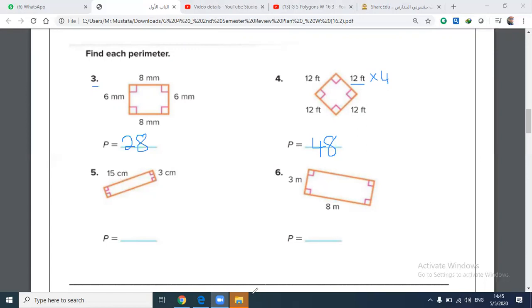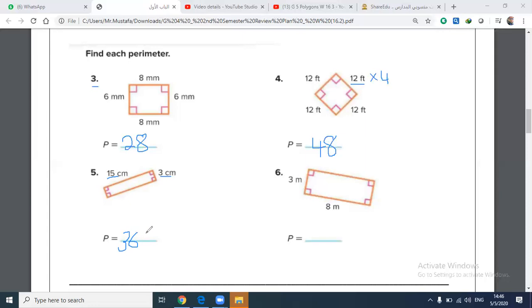Yes, excellent. The answer is 36 by using the formula: multiply the length by 2, 15 times 2 equals 30. I multiply the width by 2, 3 times 2 equals 6. And then 30 plus 6 will be 36.